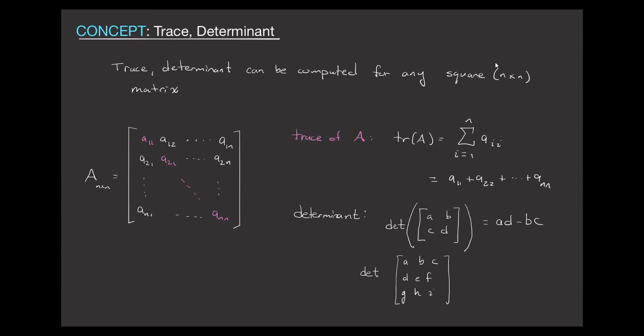Actually, just for the sake of not making it more complicated than it needs to be at the moment, I'll just say the determinant of a 3 by 3 is computed using determinants of 2 by 2 minor matrices, so-called. And when I say minor matrices, I mean smaller matrices within the 3 by 3 matrix. And the question is, well, what if it's not square? If it's not square, then there is no trace and there is no determinant to compute. The only time you'll compute it is for square matrices.